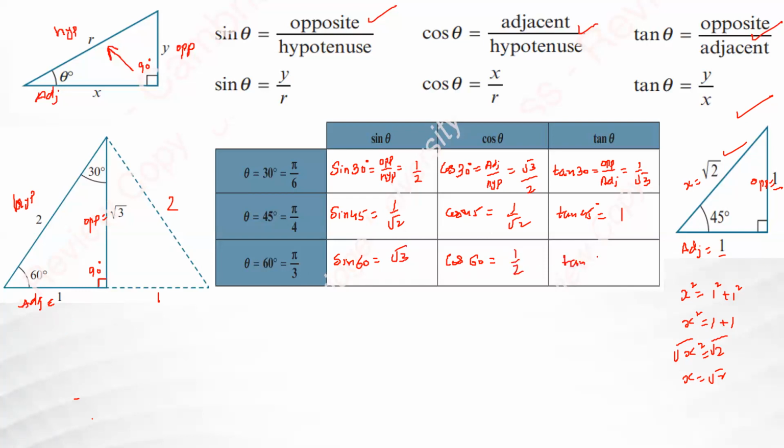And tan 60 is opposite over adjacent, meaning square root of 3 over 1. So this is square root of 3. We have to check sine 60. Sine 60, I said opposite over hypotenuse, means square root of 3 over 2. This one. So these are the answers.